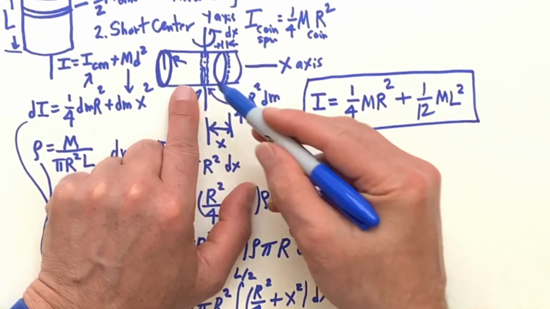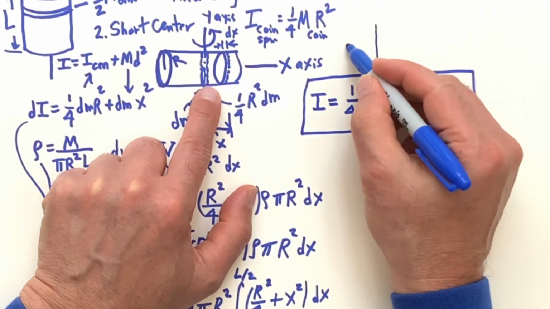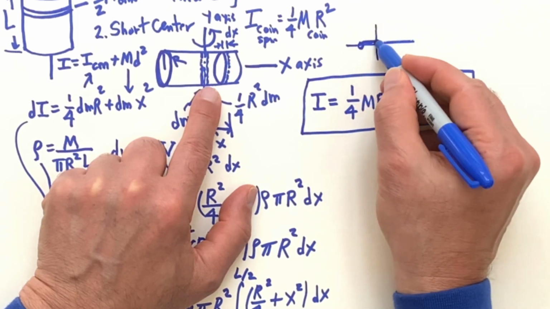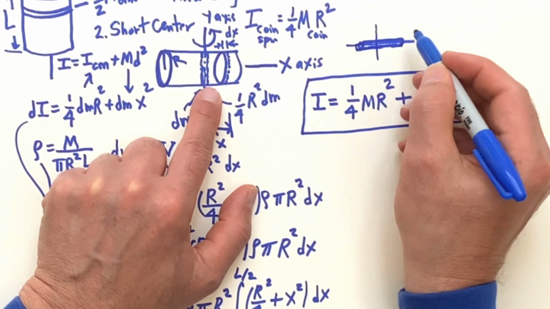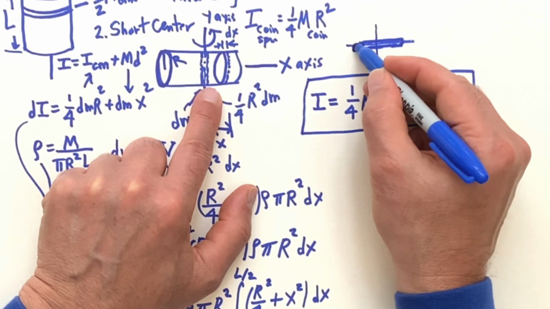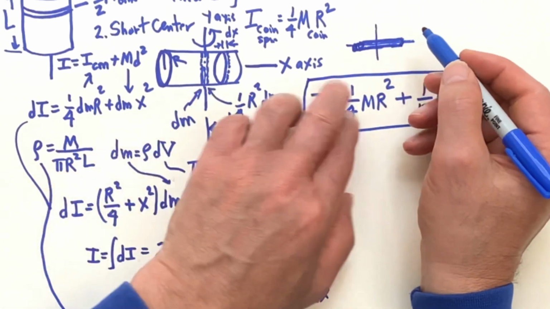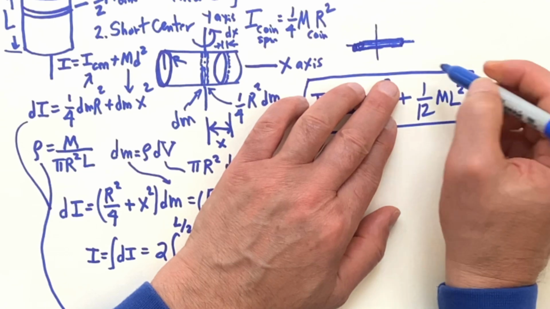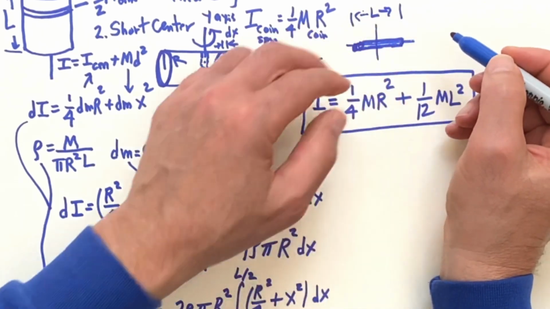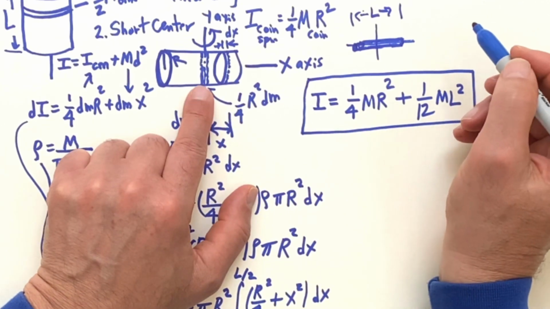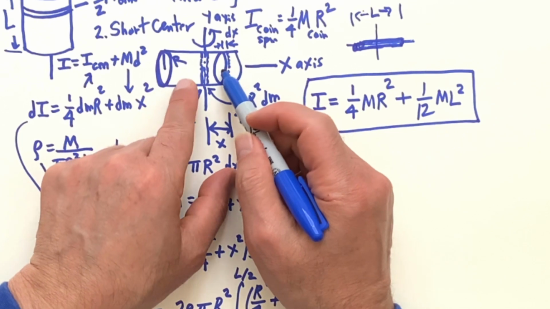Now suppose the R is very, very small. If the R is very, very small, then I'm going to have like a pencil, a rod. I know that for the rod or the pencil, the answer is, you know, where this is the length. Now suppose the L is very, very small, so it's very, very thin.